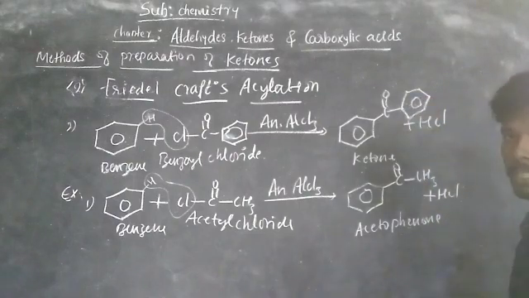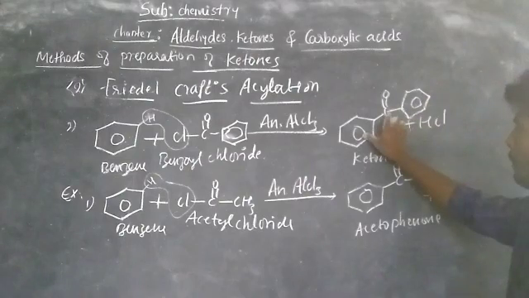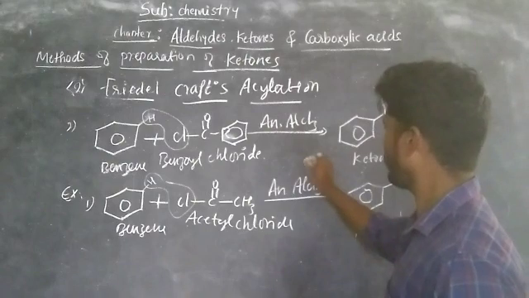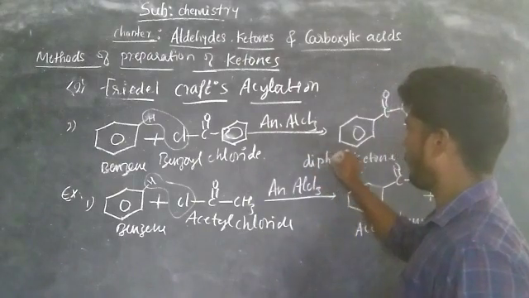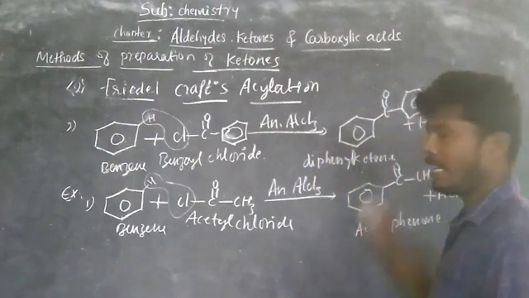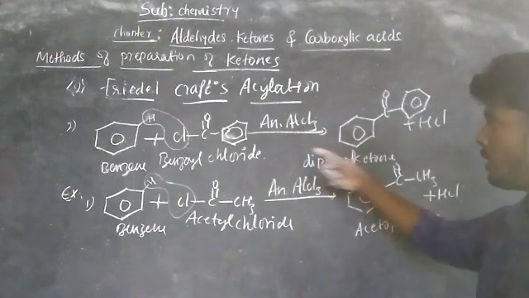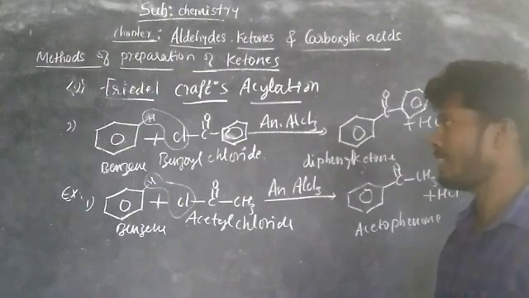What is the name? The ketone is diphenyl ketone, or benzophenone. Okay, this is the example to prepare ketones from Friedel-Crafts acylation.